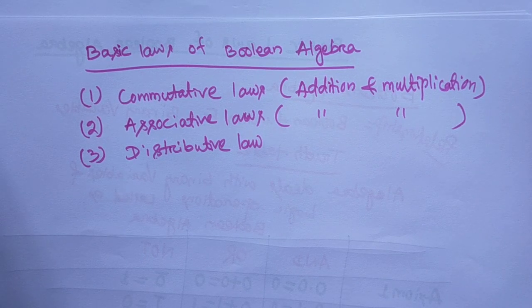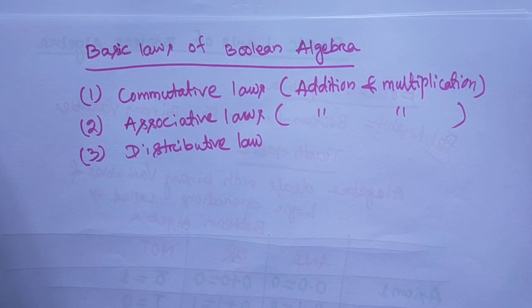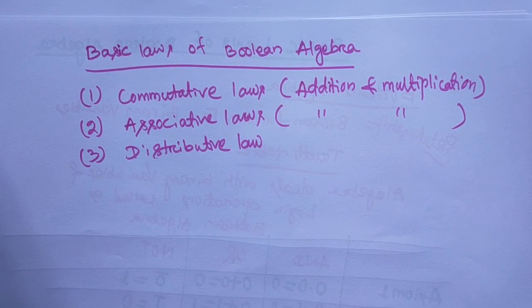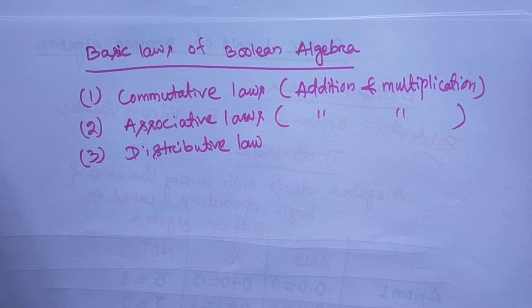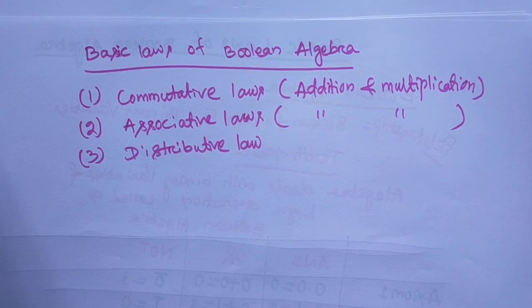Okay, these three are not the only basic laws, other laws are there, but we consider these basic laws and we will design these laws with the help of certain logic gates. How logic gates help to prove it: these laws defined under Boolean algebra, we have to prove them.